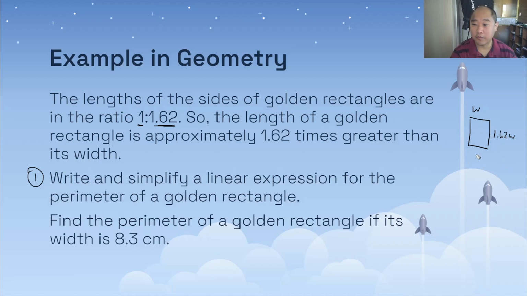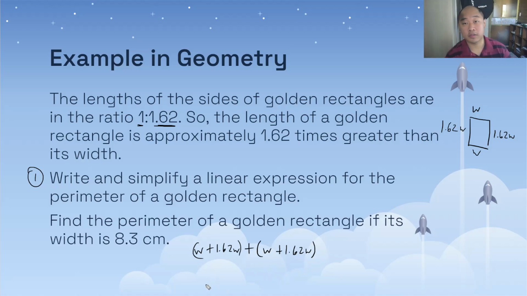So now we can write an expression, right? If you remember from other classes, the perimeter is the distance all the way around the rectangle, right? So we have w plus 1.62w. That's one set of length and width. And then we're going to add another set of w plus 1.62w. Well, all of these are w's.